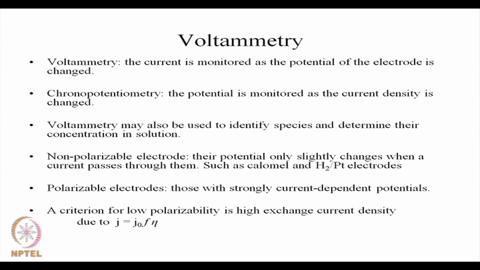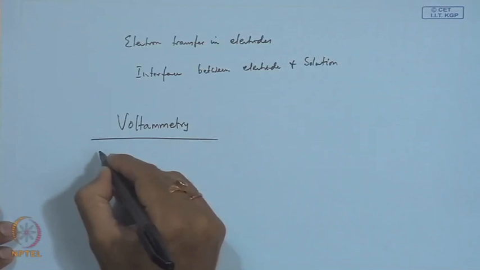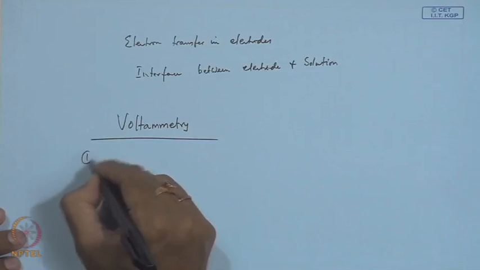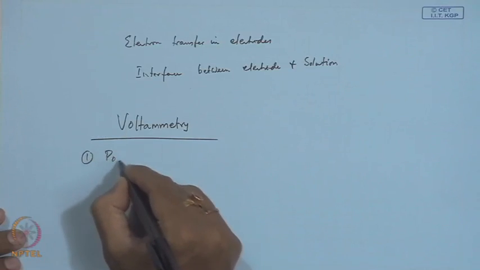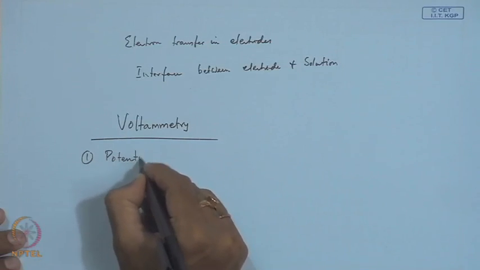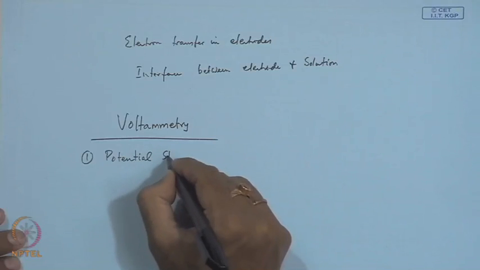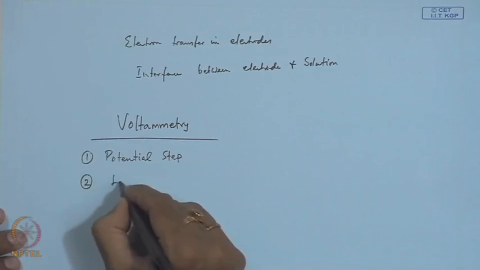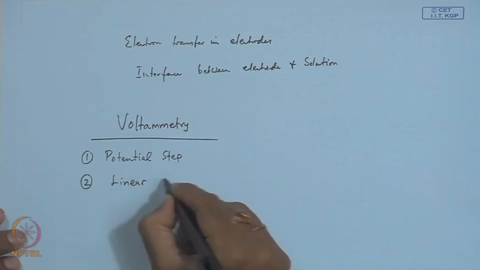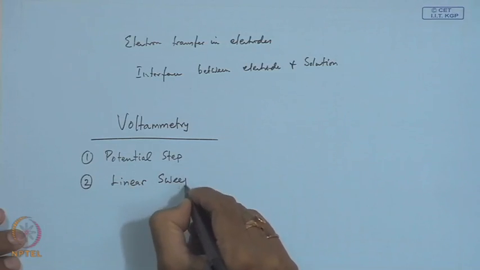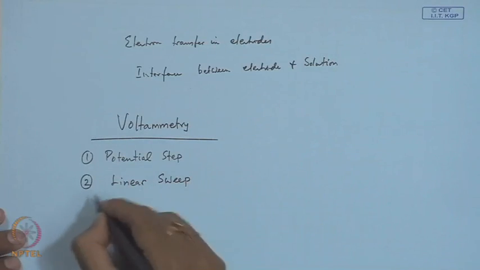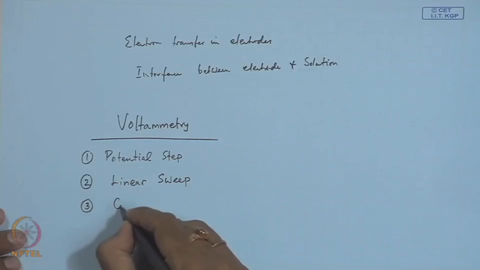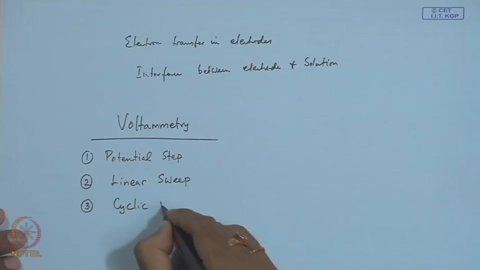There are numerous forms. One is potential step voltammetry, another is linear sweep voltammetry, and the third is cyclic voltammetry.